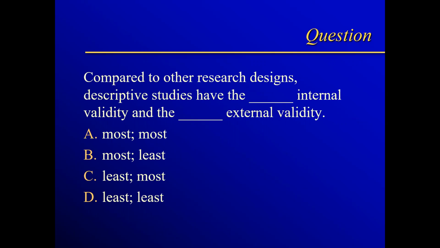And just as a reminder of what internal and external validity are: having high internal validity means you are tightly controlling the study or the variables in the study, while having high external validity is the idea that the results that you find are applicable to the real world.